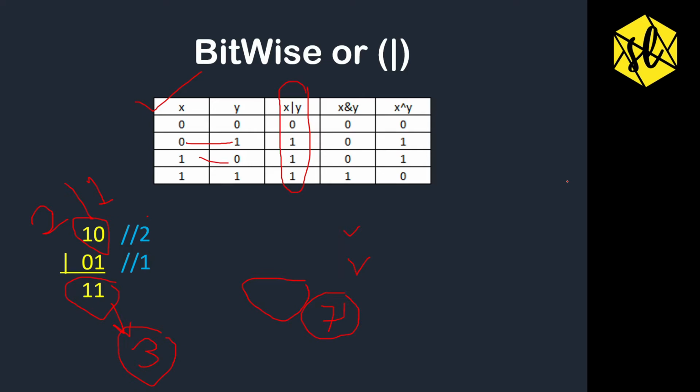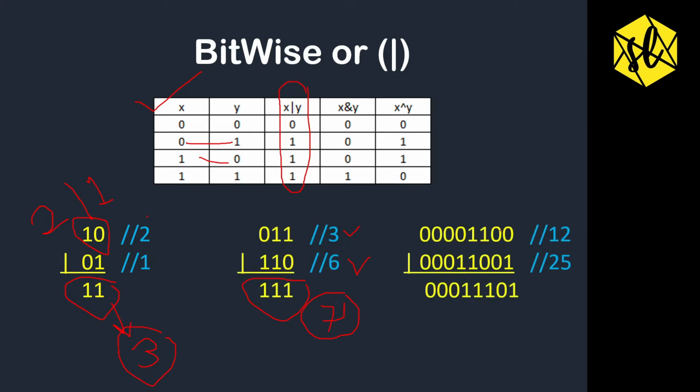Now yes, the third example, we have 12 and 25. When we apply the OR operation we get this one. So what is this one? We will see this answer afterwards in the programming section.